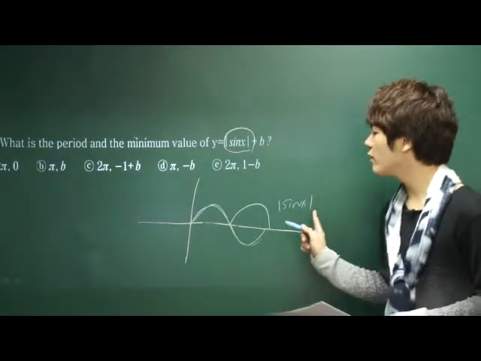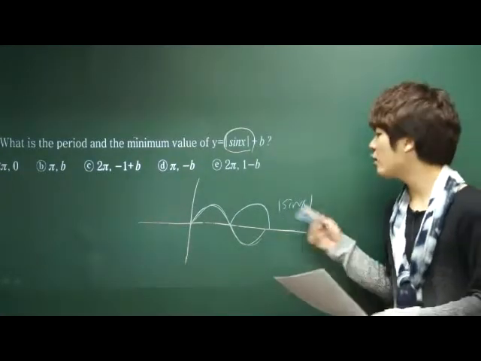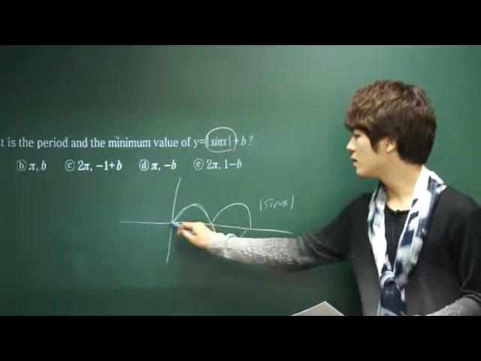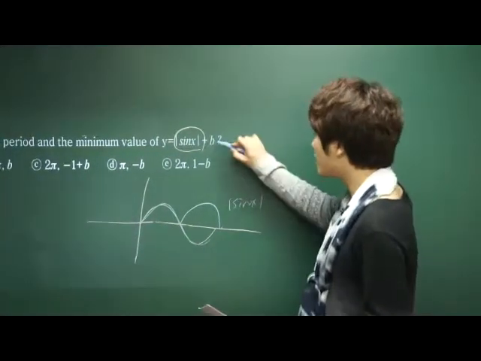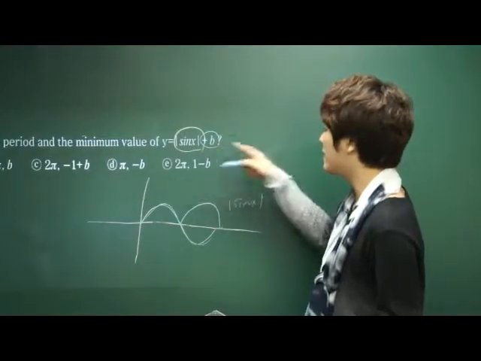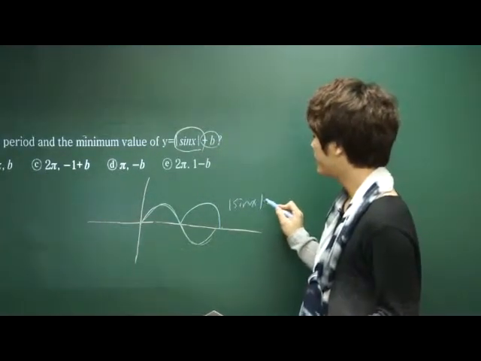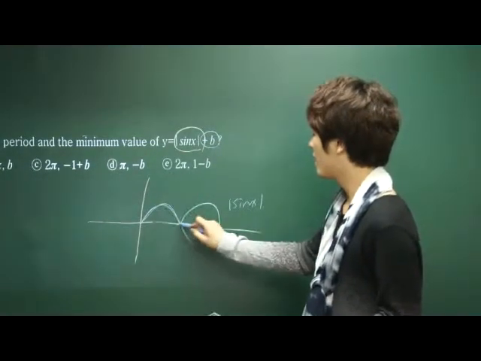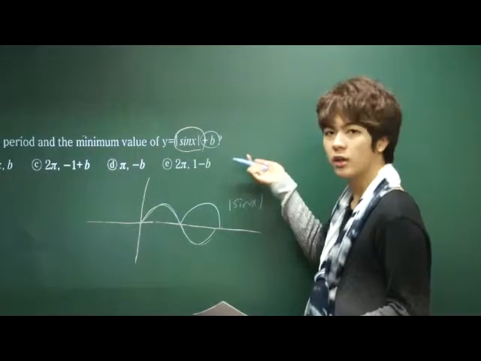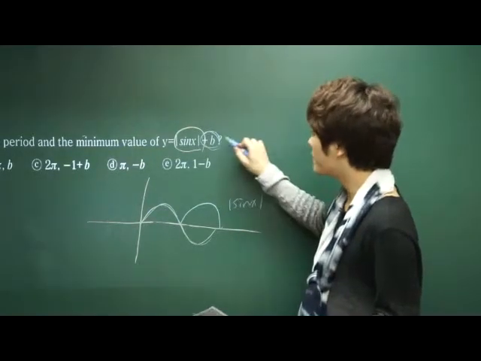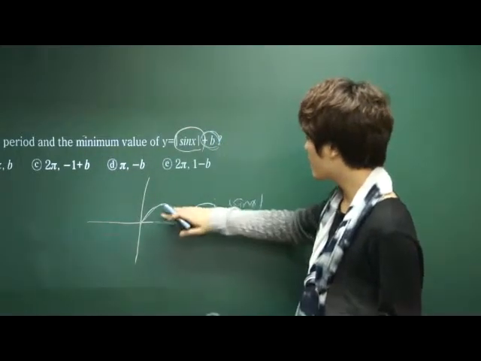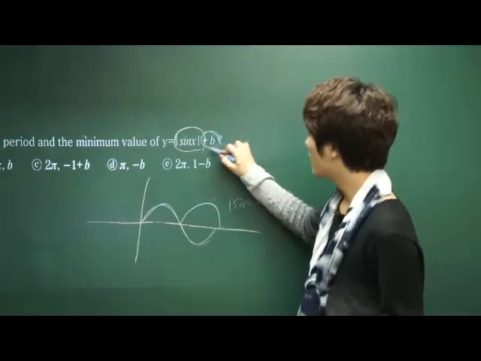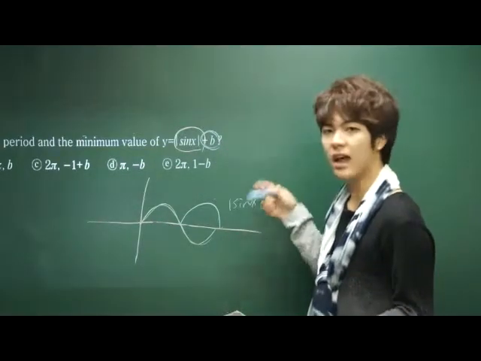So for the absolute value of sine x, the minimum value of this function will be 0. Right? It will be 0. But let's look at the second part. It says plus b. So this graph moves upward if the b value is positive, and this graph goes downward by b units if b is a negative number.